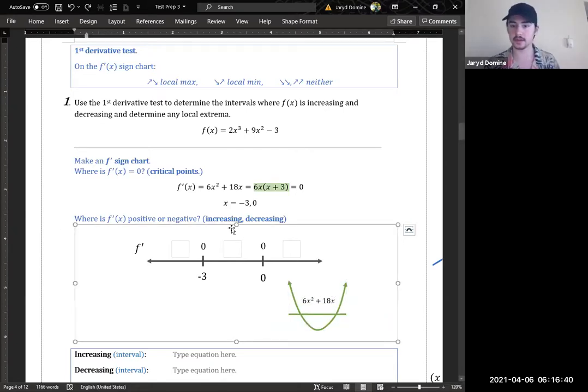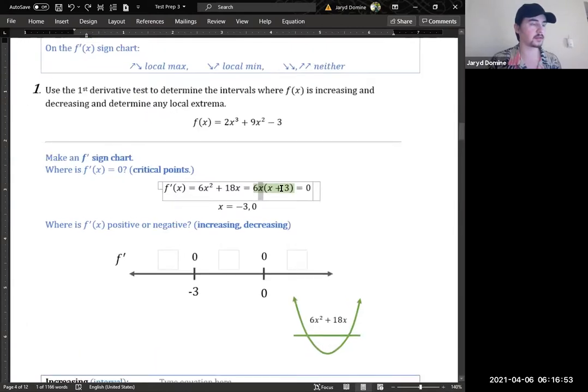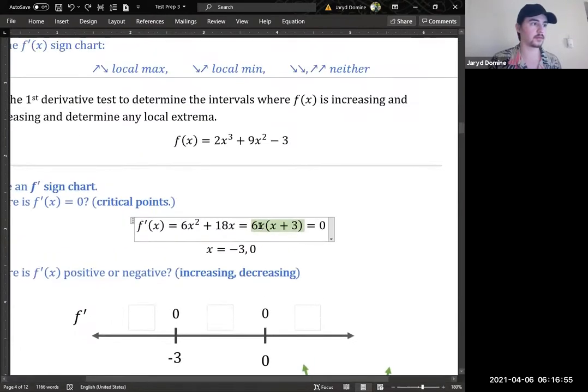So I got a question here. Why x equals 0 and not only -3? When I factored this, I have this term x right here. If x equals 0, I'm going to have 0 times all of this stuff, which is 0.